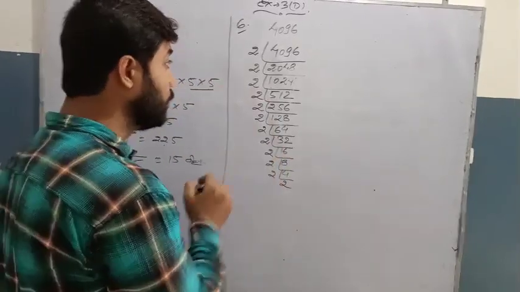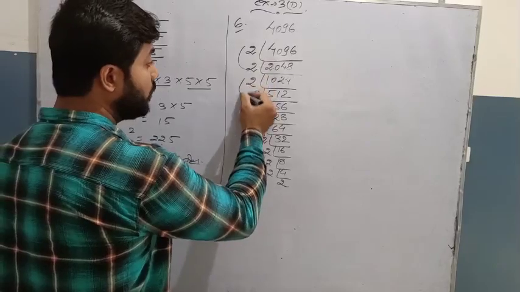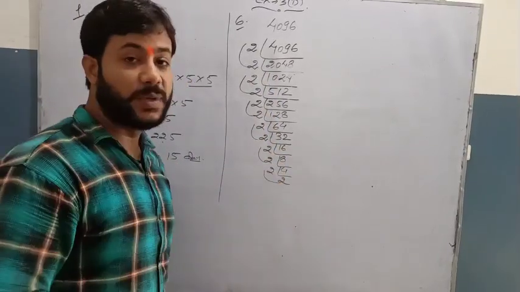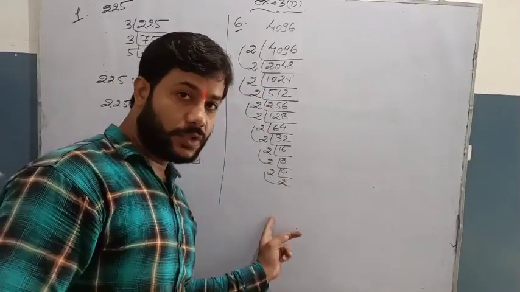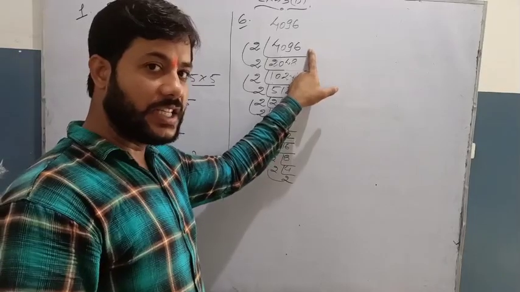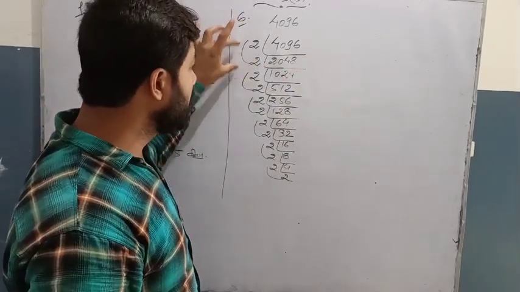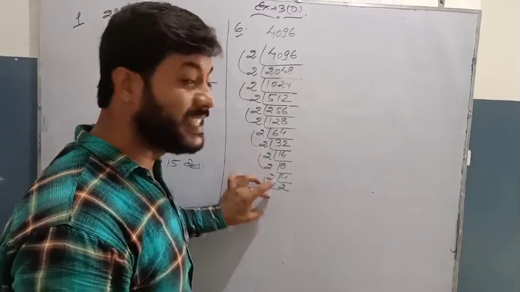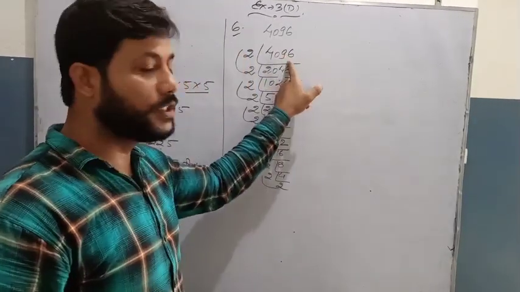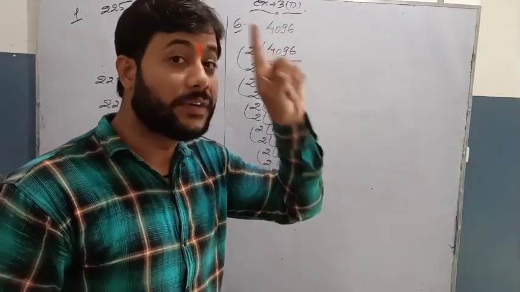Okay students, now what did we get? One pair, second pair, third pair, fourth pair, fifth pair and sixth pair. While dividing 4096 for prime factorization, we are getting 6 pairs of prime numbers. So this 4096 is a perfect square.